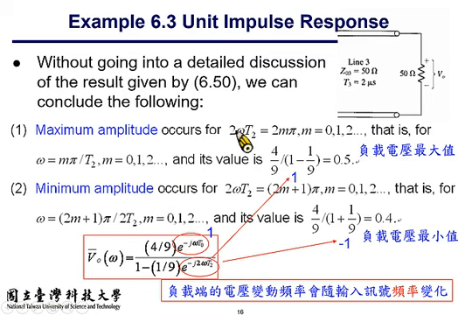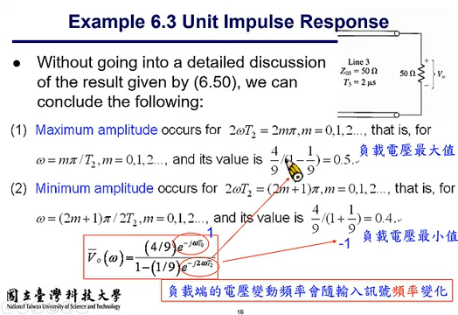When the frequency omega satisfies this requirement, that is 2 omega times T2 equals 2m pi, where m is a positive integer, then the value of this exponential becomes 1 in the denominator.